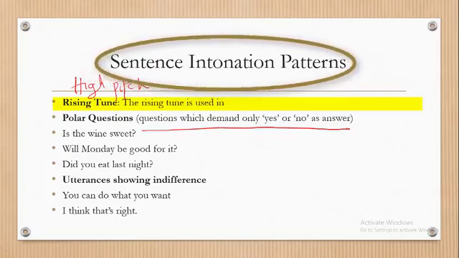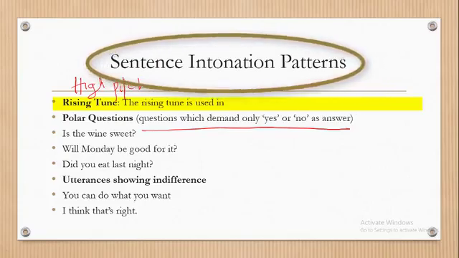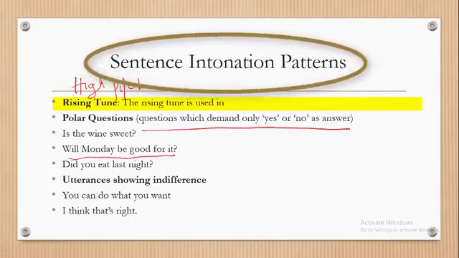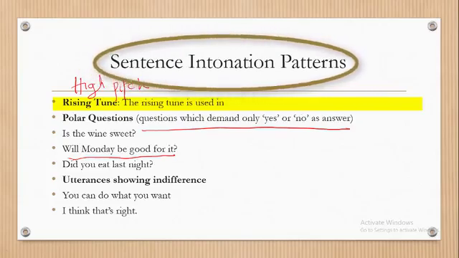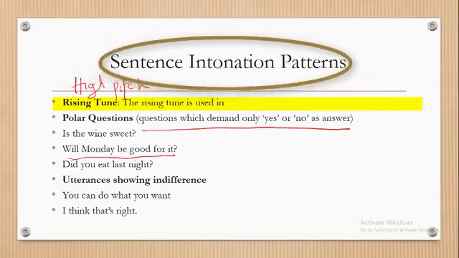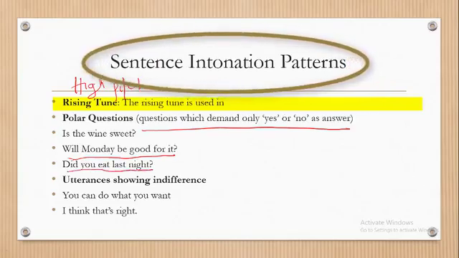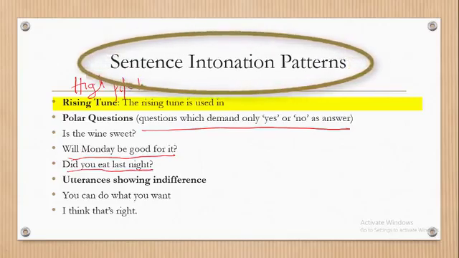Will Monday be good for it? Now that's a polar question, yes or no. Let's say we want to have an appointment. I'll ask, will Monday be good for it? I'll ask questions like, did you eat last night? You either say yes or no.